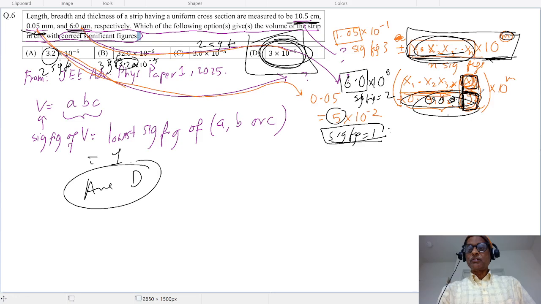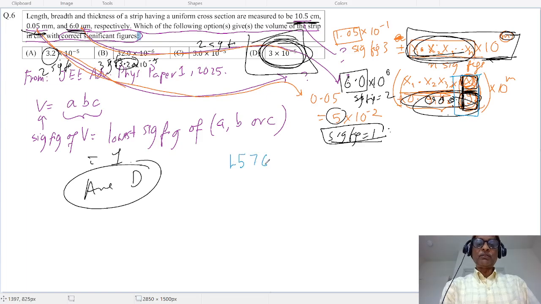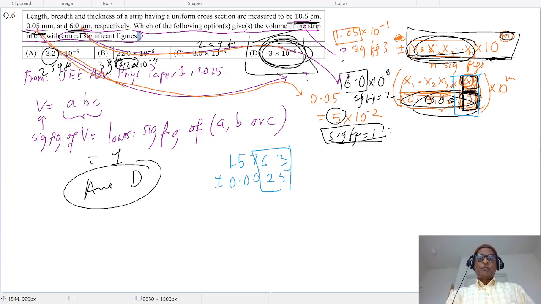The last digit. Sometimes you can say the uncertainty will be in the last 2 digits. Sometimes you will see something like 1.5763 plus or minus 0.0025. So the uncertainty is in the last 2 digits. But I tell my students to actually just round it up.